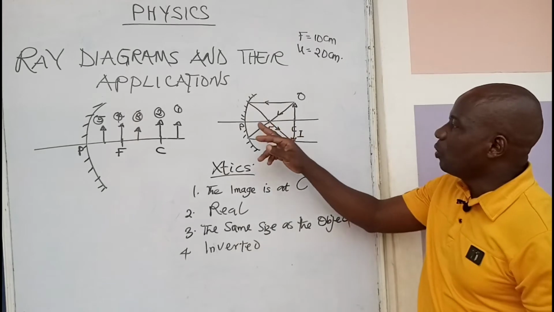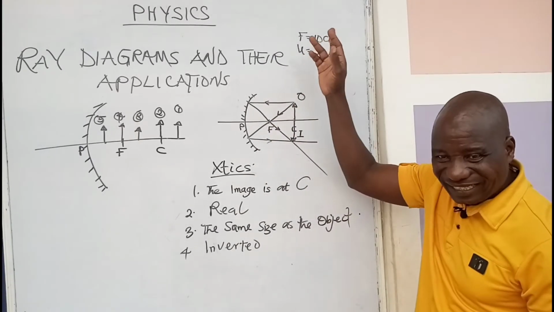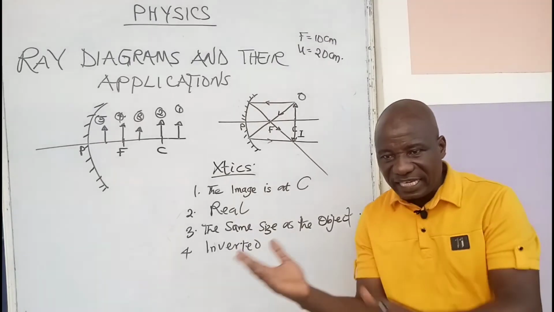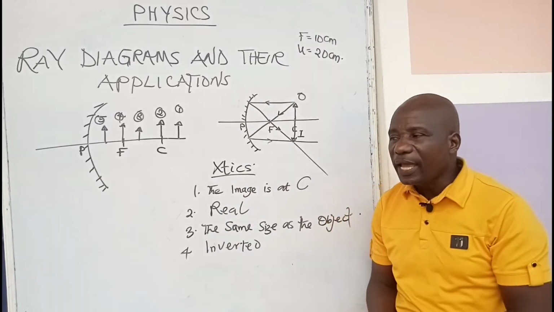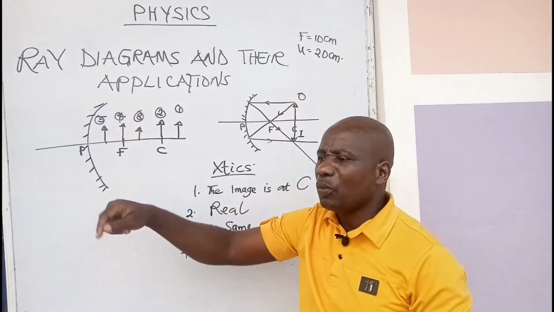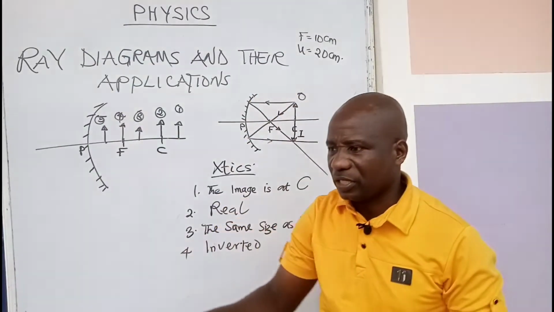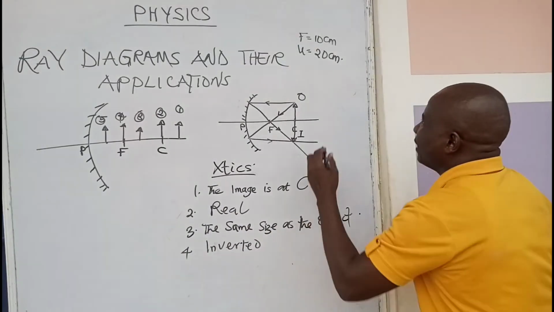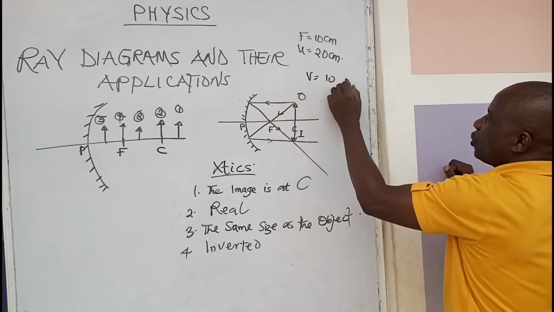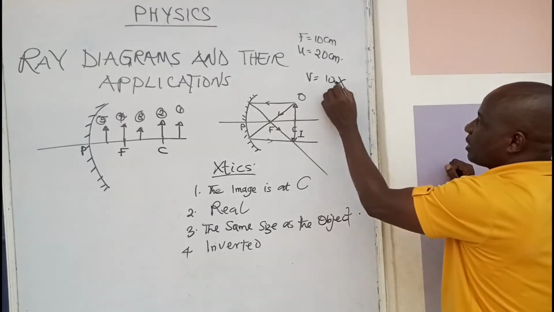If you are told that the focal length is 10 and the object is placed at 20, that is twice the focal length. Since it is twice, the image too will be at the same point. So if they ask for the image distance and give you 10 centimeters, you should know it's wrong.